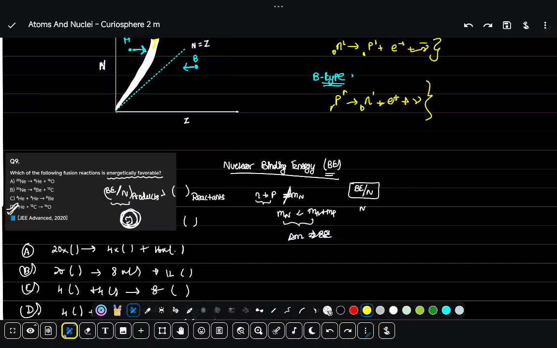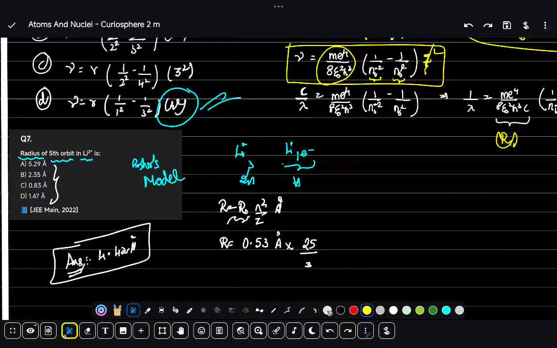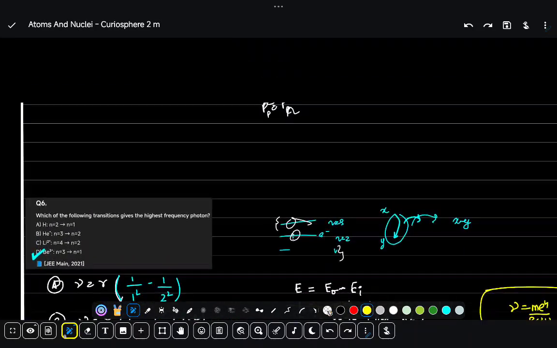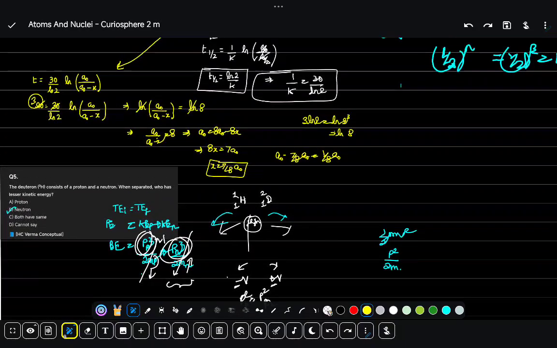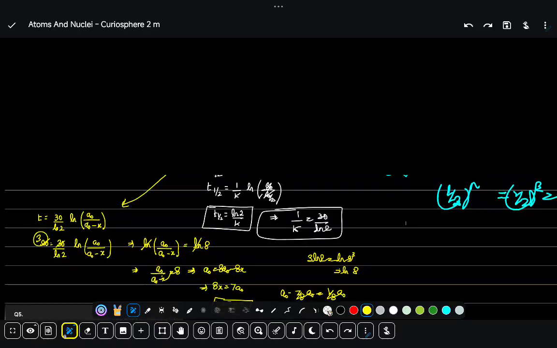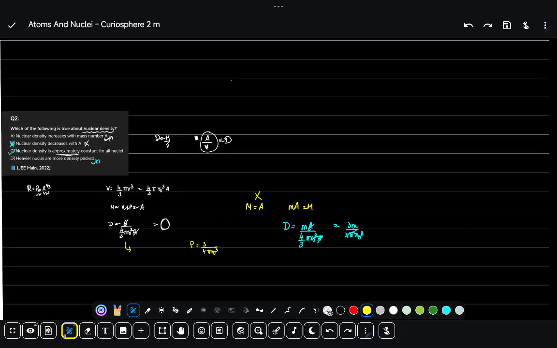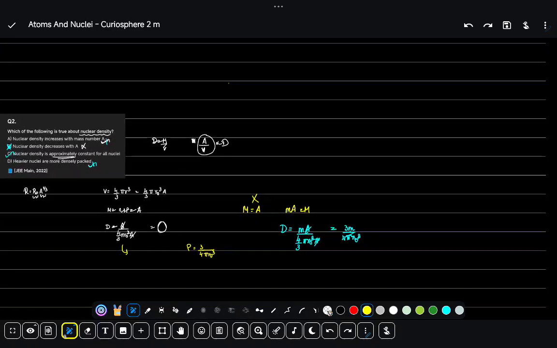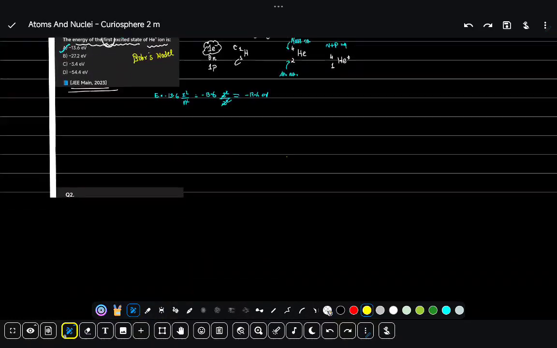Where did I see it? I think we found that question regarding some reactions.